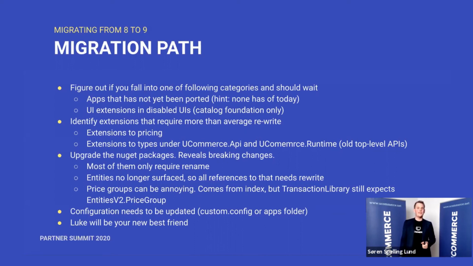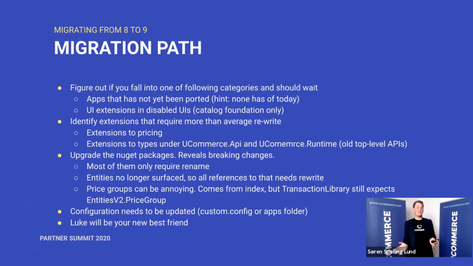So even though the transaction library still uses the old entities for your purchase orders and for your shipments, from time to time you need to pass in a price group, but you won't have that in your new APIs because it's search models instead. But you would have the GUID, so you would have to load that from SQL, and that feels a little uncomfortable. But hopefully that's one thing that will be fixed in the near future as well.